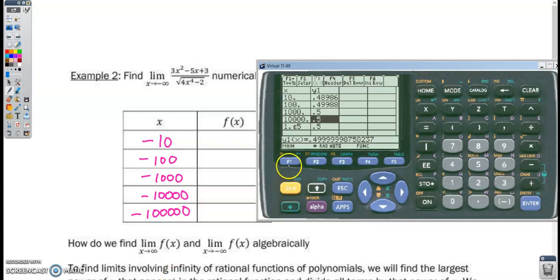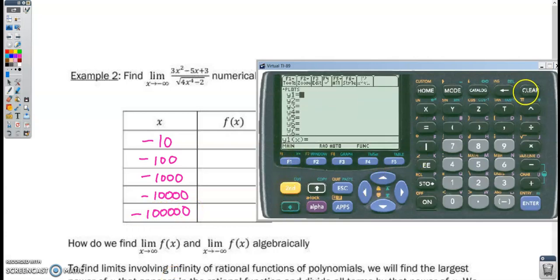In this case, we're going to negative infinity, so I'm going to start my table at -10 and type those values in. And we'll see what happens. All right, so let's first type our function in: 3x squared minus 5x plus 3 over the square root of 4x to the 4th minus 2.